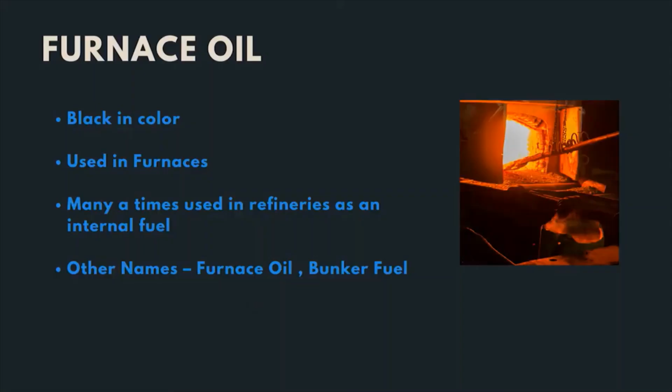This is primarily used in furnaces, and many times most of the fuel oil is consumed within the refinery, because in a refinery there will be a lot of heaters. All the heaters may consume fuel oil as one of the fuels. There may be fuel gas fired heaters, but most of the time the furnace or heater would have a combination of fuel oil as well as fuel gas.